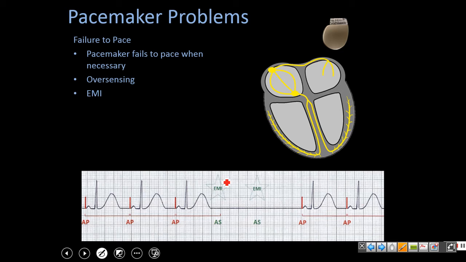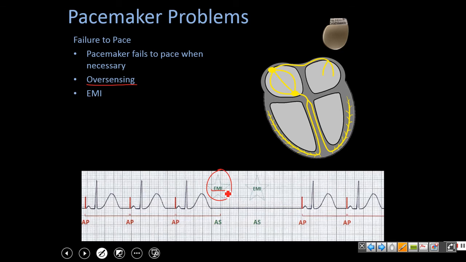So what would cause the pacemaker to not pace? Well, pacemakers have sensitivity settings, and if the pacemaker is oversensitive or oversensing, it may sense electrical impulses that are not cardiac activity, but it thinks it is. Like, for example, here, these little stars, EMI stands for electromagnetic interference.